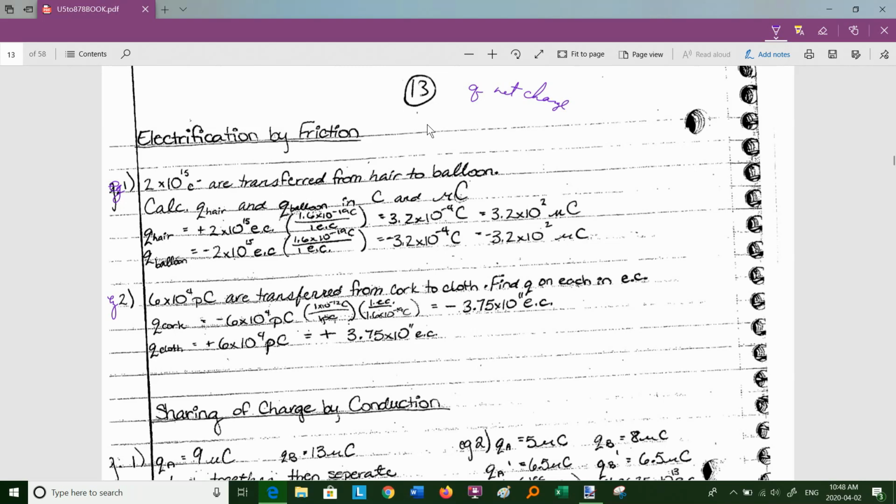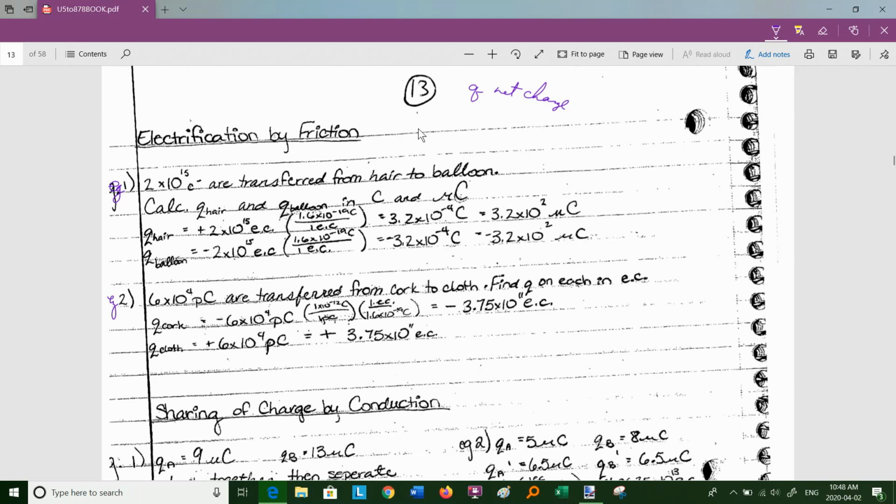Now some of you may have seen Q used before for heat, and it is used for that as well. So just as we're learning a lot in science, one letter can be used like 4,000 different things, and letter Q is no exception. It can be used for charge, the net charge, and it can also be used for heat.